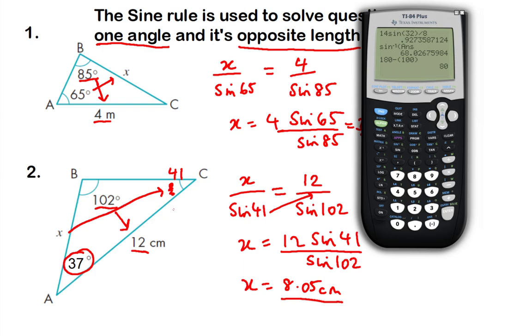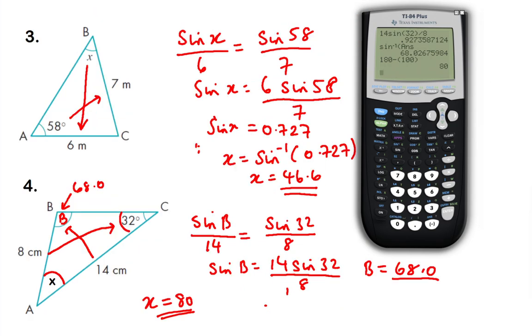Well, you will be able to do it, but just in this case we had to think about the angles adding up to 180. And in the third case, again, these were nicely paired up, so there's no problem. And in the fourth one, we knew we should be able to do it because we have a length and an opposite angle, so it's fine. But we had to find the other angle first before we could find the one we're looking for.